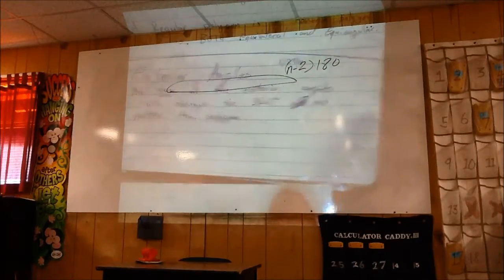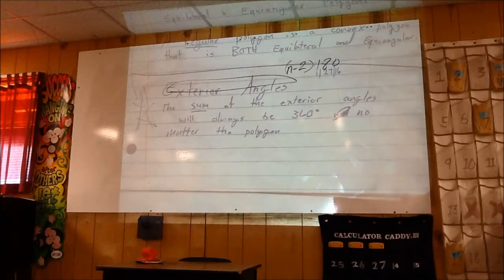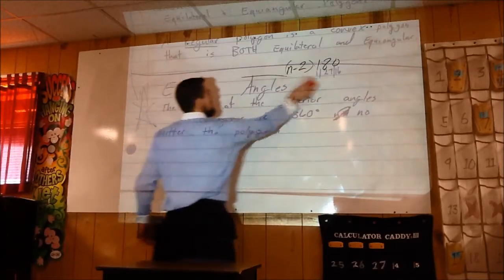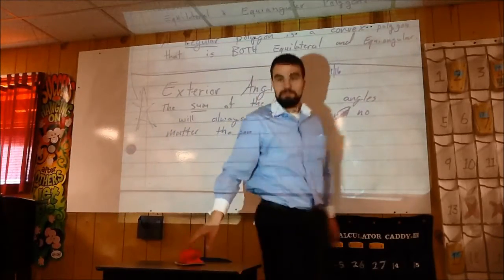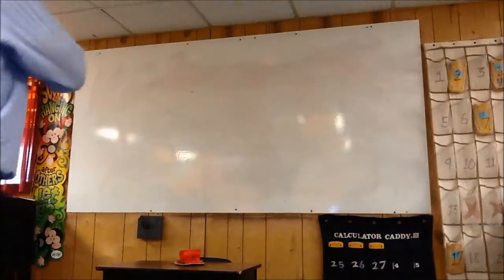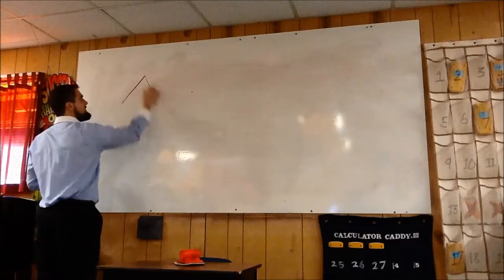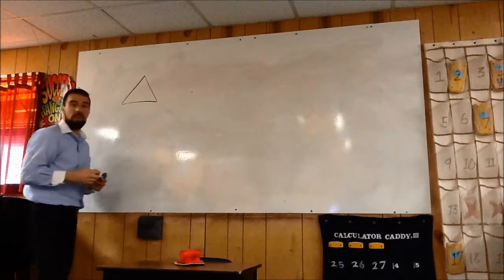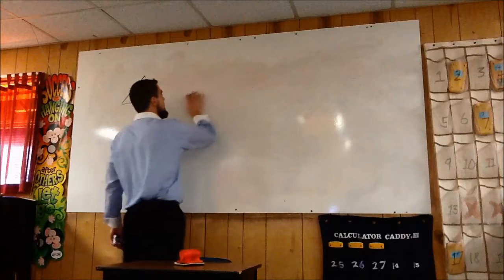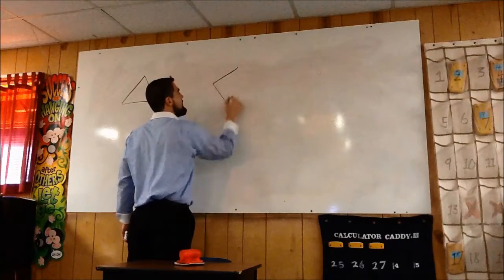Now let's talk about the exterior angles. First off, we need to know, how is an exterior angle created? And so you can write this down. We've seen this diagram before. We have a triangle, and we've looked at its exterior angle.